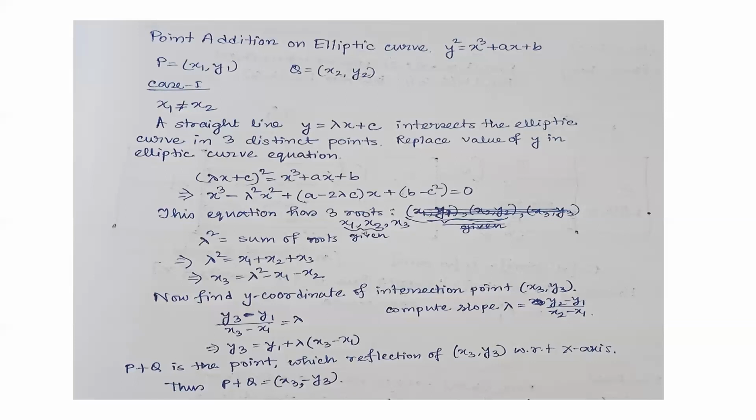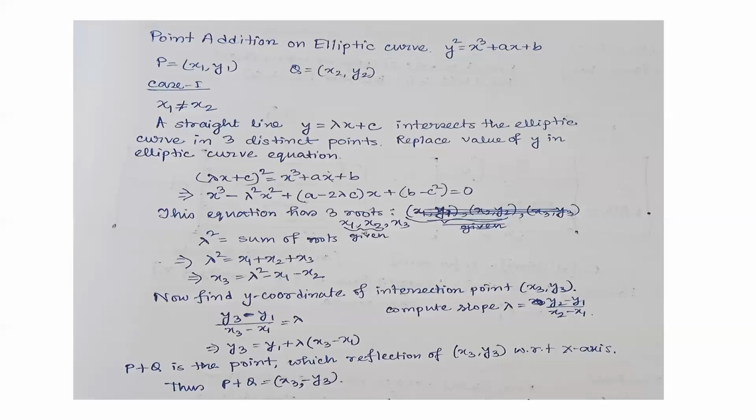But that case cannot occur, because if you see the elliptic curve equation, y square is equal to x cube plus ax plus b, where y can be written as the square root of x cube plus ax plus b. So for each value of x, there can be at most two y values, which have opposite sign. So the fourth condition that you may think of, x1 equal to x2 and y1 neither equal to y2 nor equal to minus y2, will not happen.